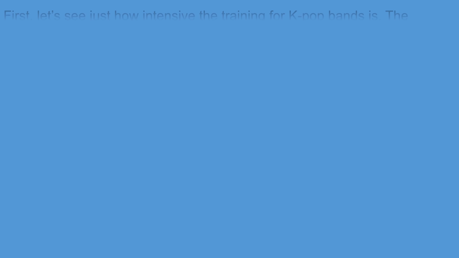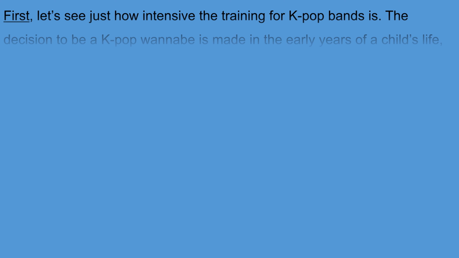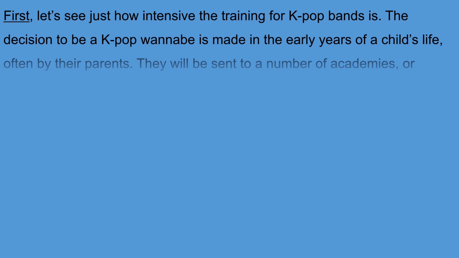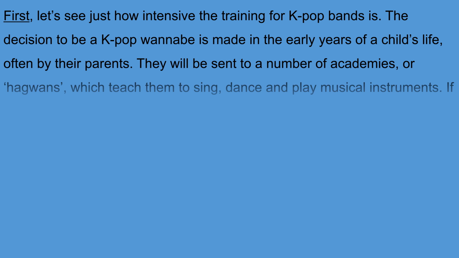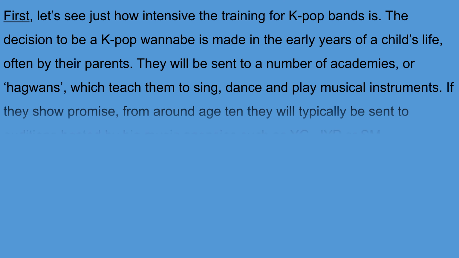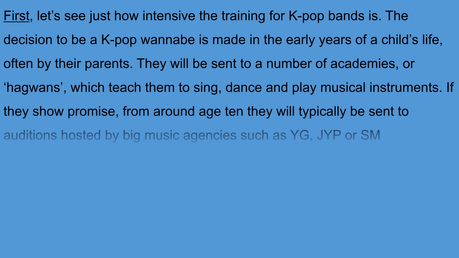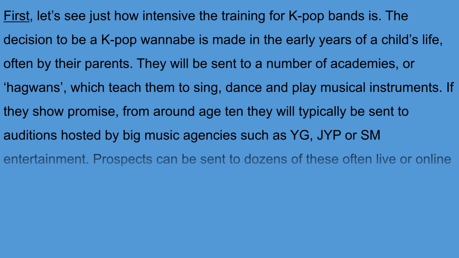Now, let's take a look at an example of a body section, because it's quite difficult to understand unless we get an example. First, let's see just how intensive the training for K-pop bands is. The decision to be a K-pop wannabe is made in the early years of a child's life, often by their parents.